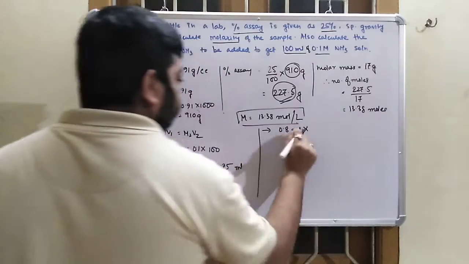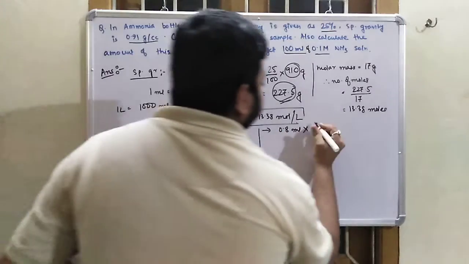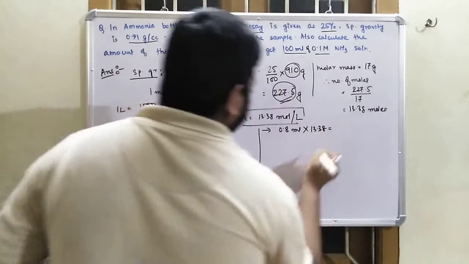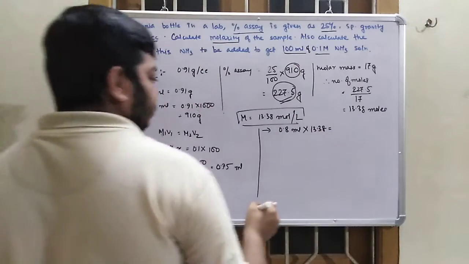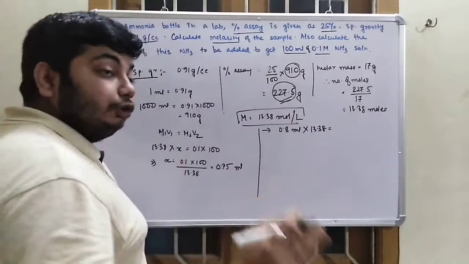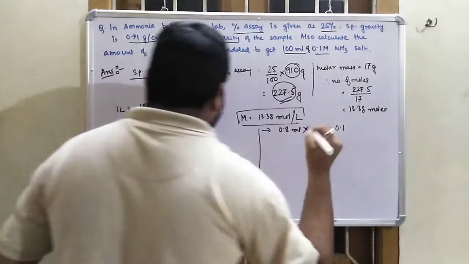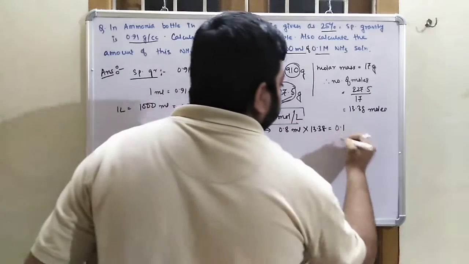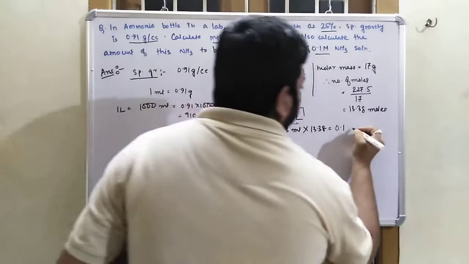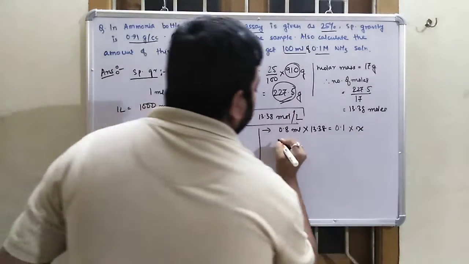And what is the molarity of that 0.8 ml solution? It will be 13.38. Now the resulting solution must be of 0.1 molar in concentration. But this volume is unknown to us now.